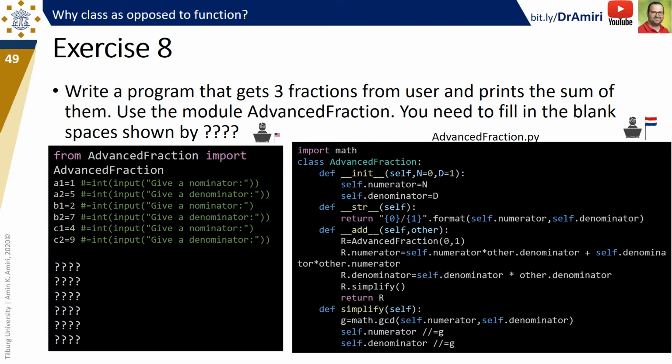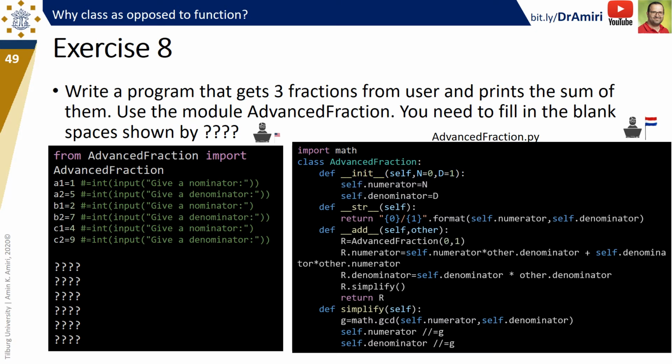Now I would like you to write a program that does the same thing, but it uses the class advanced fraction rather than the functions that you had in the previous exercise. The advanced fraction class has two attributes, a numerator and denominator.